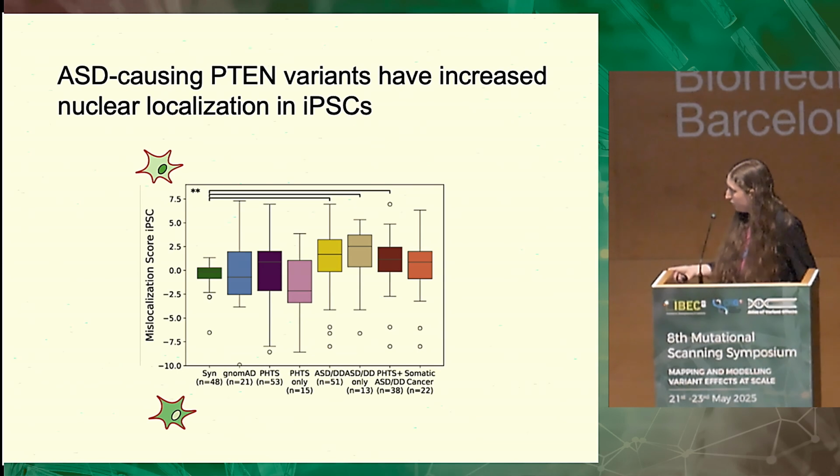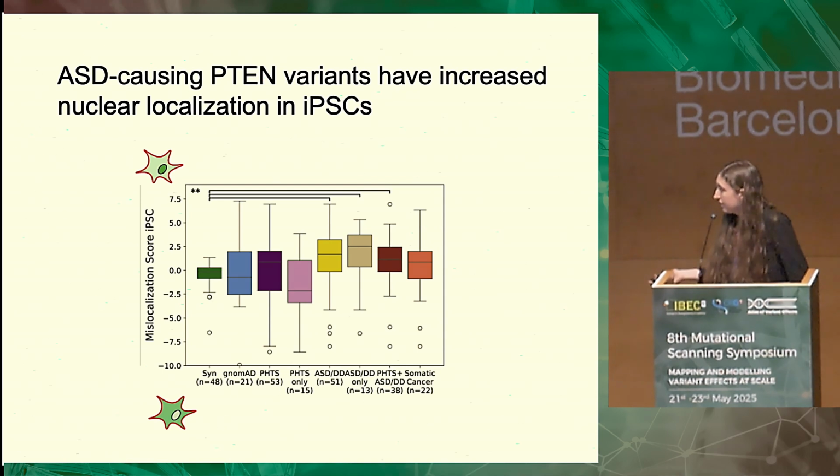One thing that we found interesting was that for both the autism-only variants and some of the patients who had both autism and PHTS, we saw a slight increase in the mislocalization score, which meant that PTEN was more likely to be localized to the nucleus compared to both synonymous and also the purely tumor-causing diseases.